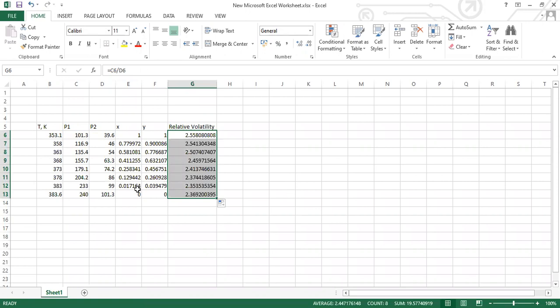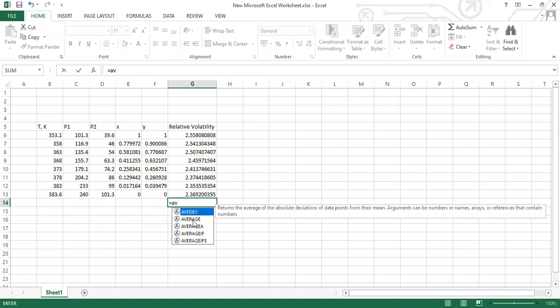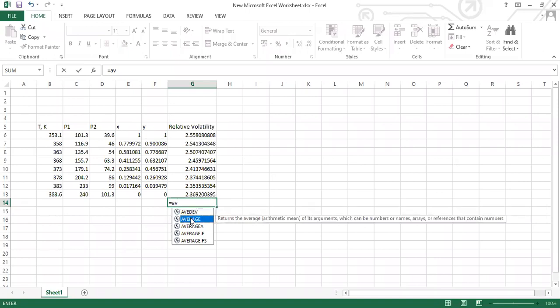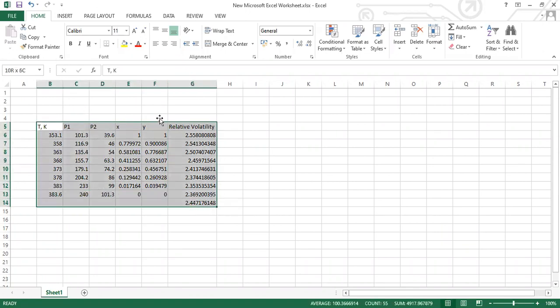If I take the average volatility, 2.44 is the average. So we can generate the y and x data using this relative volatility.